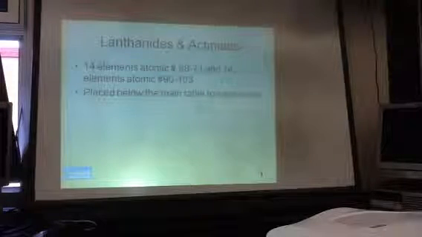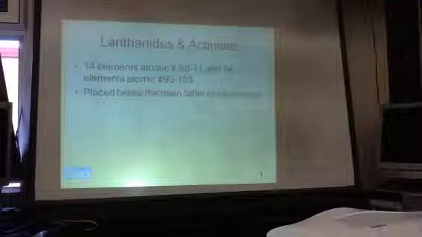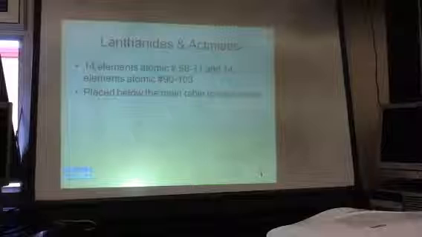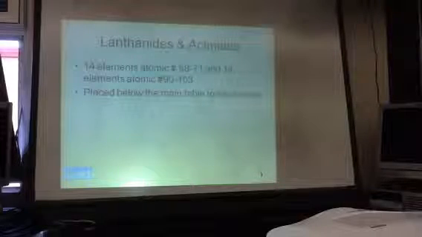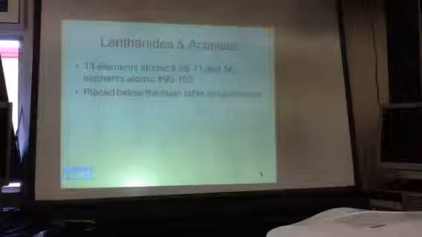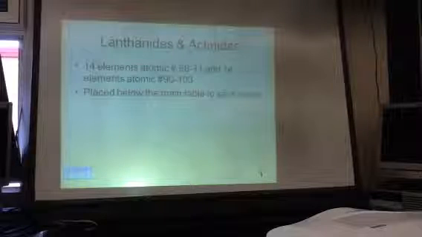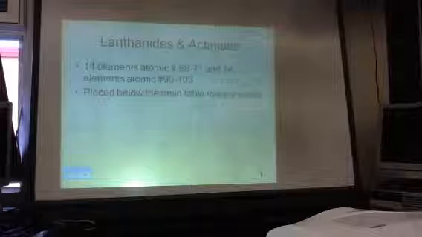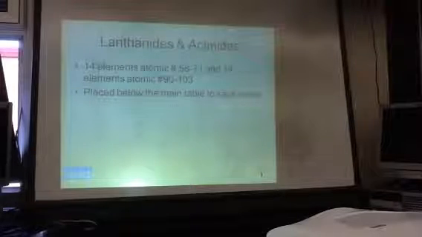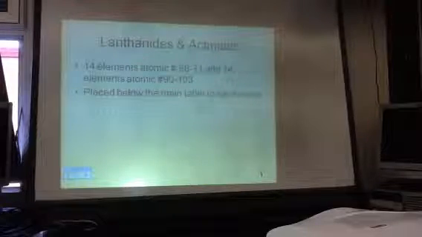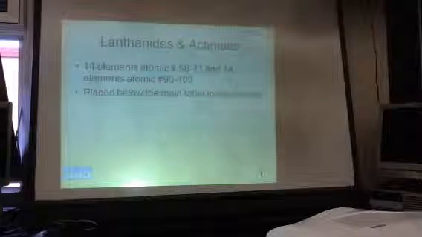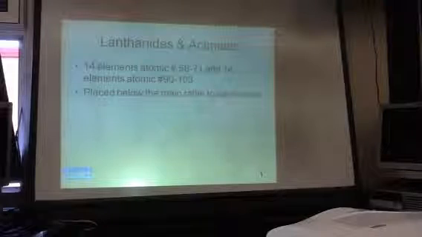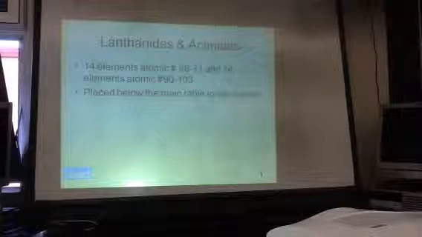Okay, these two funny rows at the bottom, have you ever wondered about them? No? Okay. Some of you haven't, some of you have. It's okay. There's a Lanthanides and Actinides series, and they're big, they're bad, they're highly reactive and mostly radioactive. Big, bad, and radioactive. They are stuck down here as a space saver.